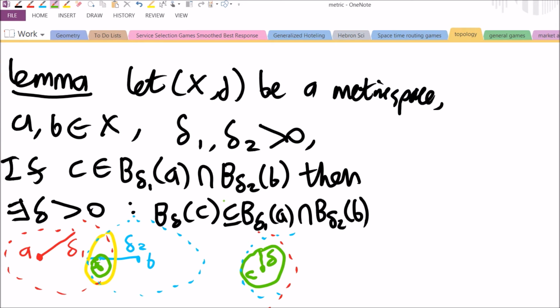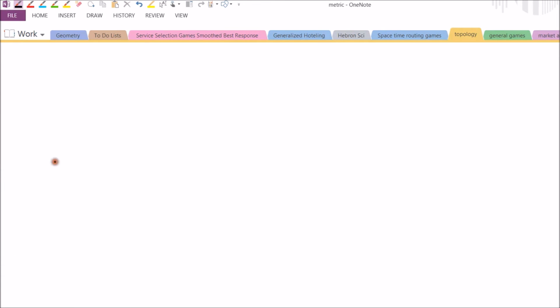So basically that's the pictorial idea, but you should try and prove that this holds for every metric space.